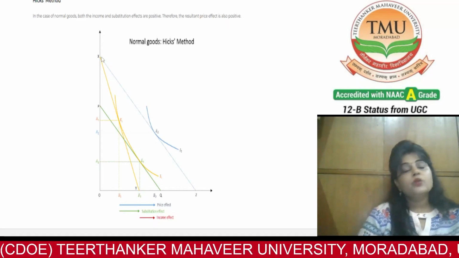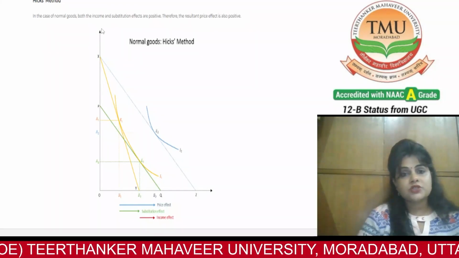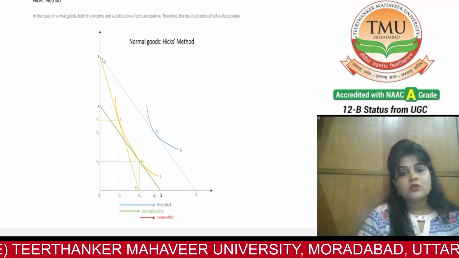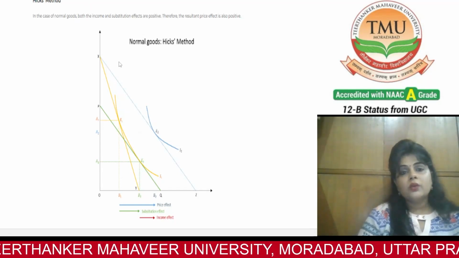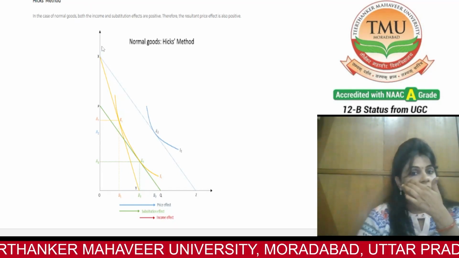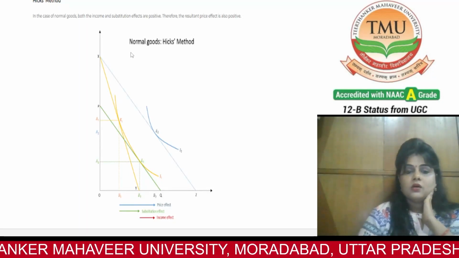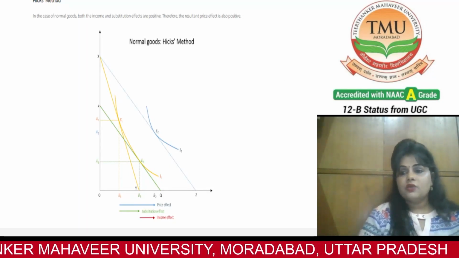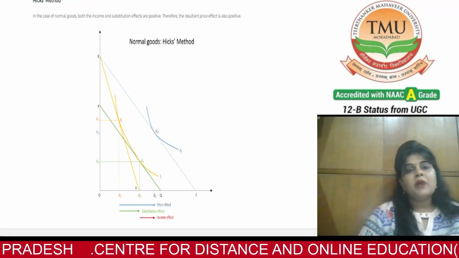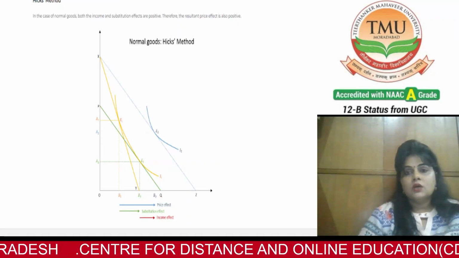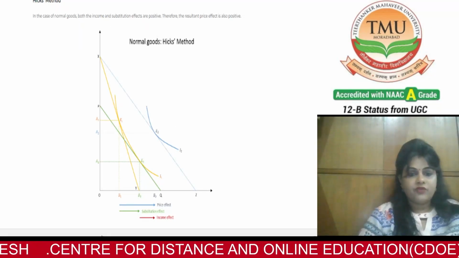But when we reduce the income level of the consumer, the budget line shifts back and becomes the new budget line PQ, with new equilibrium point E3, and this shows the substitution effect. Hope students you understood the Hicks method for the substitution effect of normal goods.